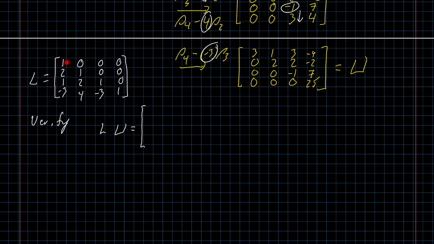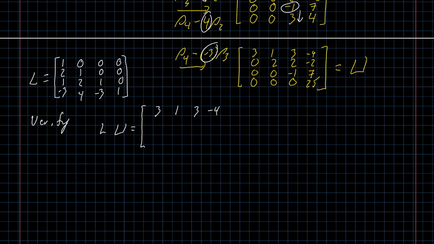All right, multiply first row, first column. 1 times 3 is 3, all the rest are zeros. First row, second column is going to give me a 1. First row, third column is going to give me a 3. First row, fourth column is going to give me a -4. Second row, calculations start to get a little bit messier.